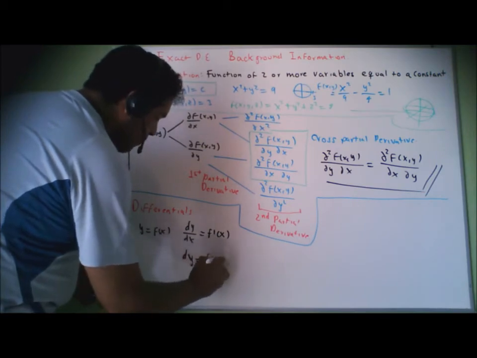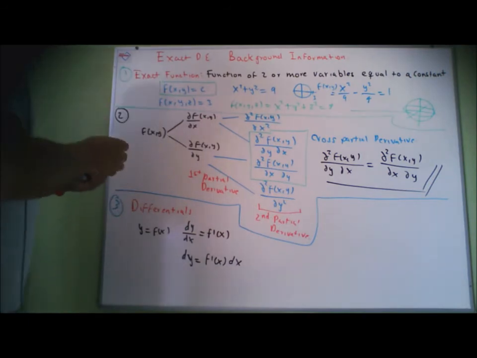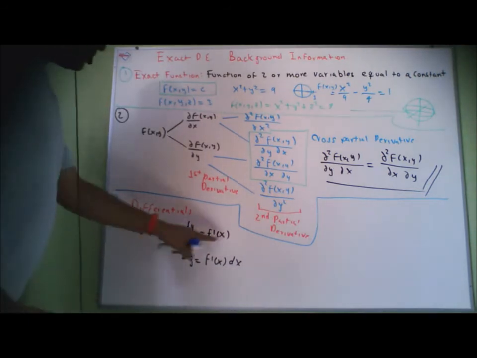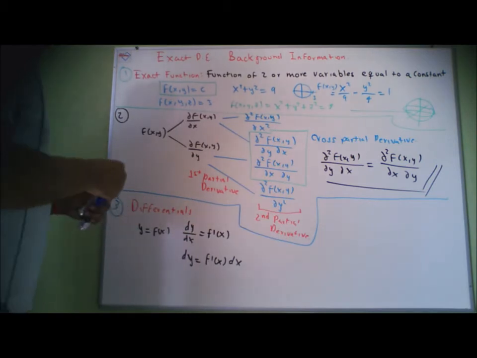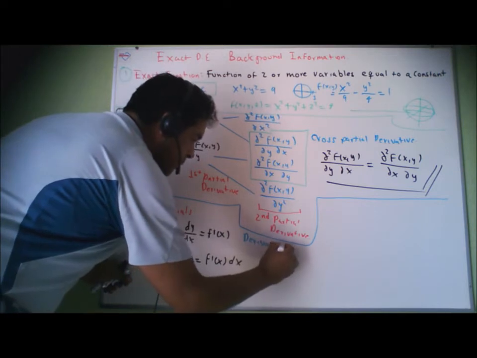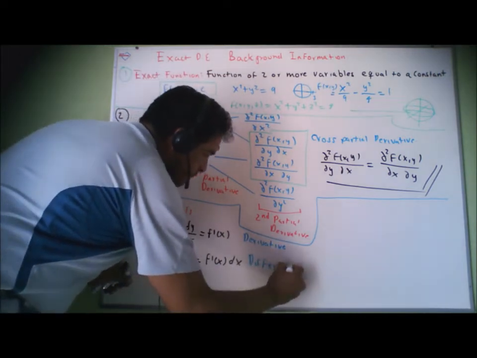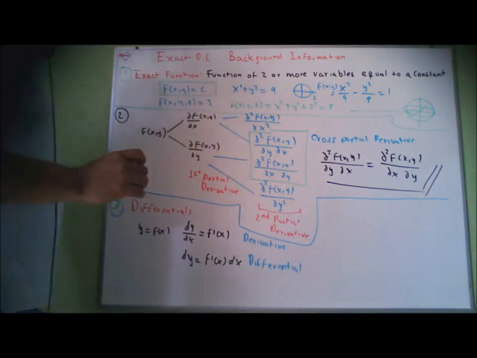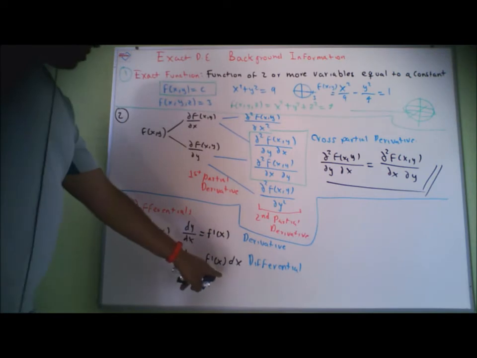You just take the differential of x to the other side, and then you get the differential. So here is the derivative, and here is the differential. Okay? So the differential of y is the derivative of the function times the differential of x. So this is when the function is of one variable.